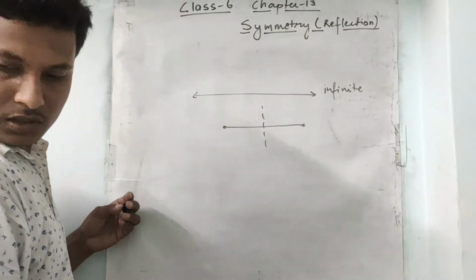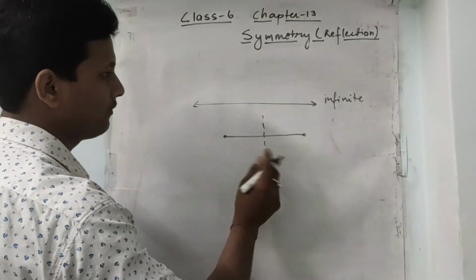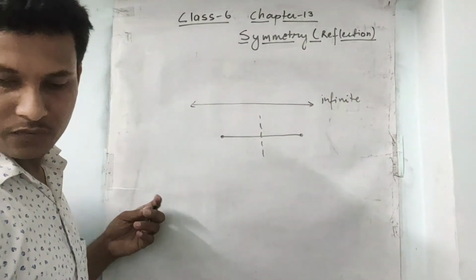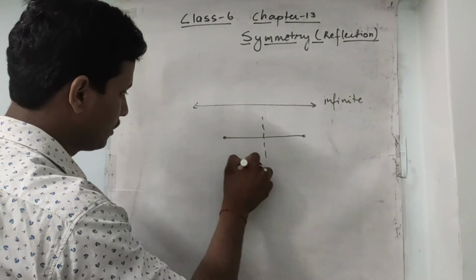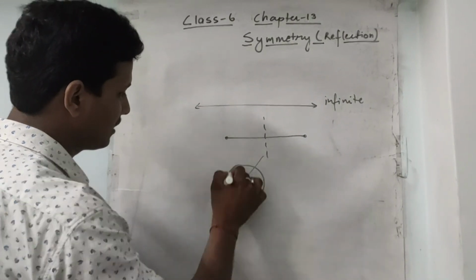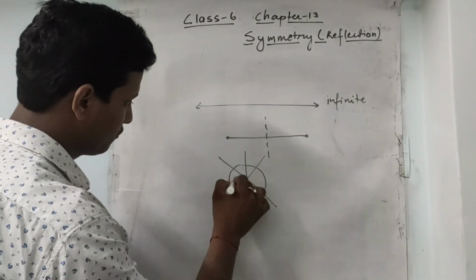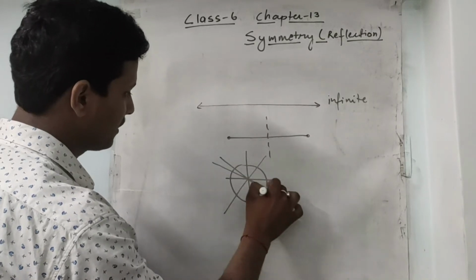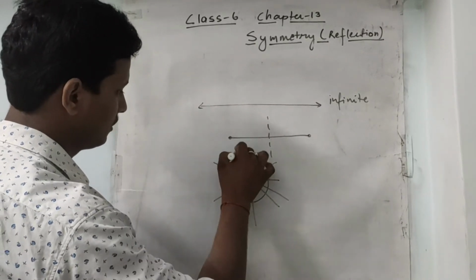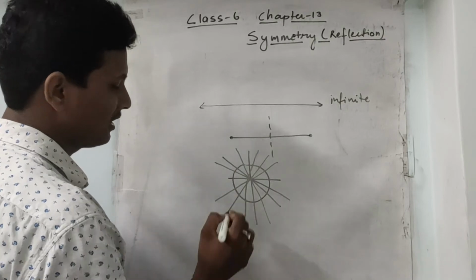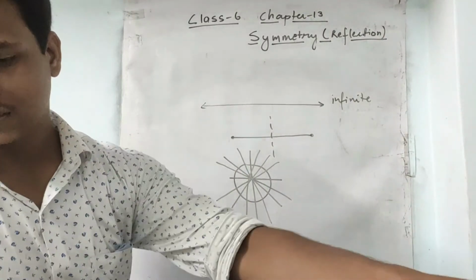For an equilateral triangle we have seen three lines of symmetry. For a circle we can draw an infinite number of lines of symmetry that pass through the center of the circle.